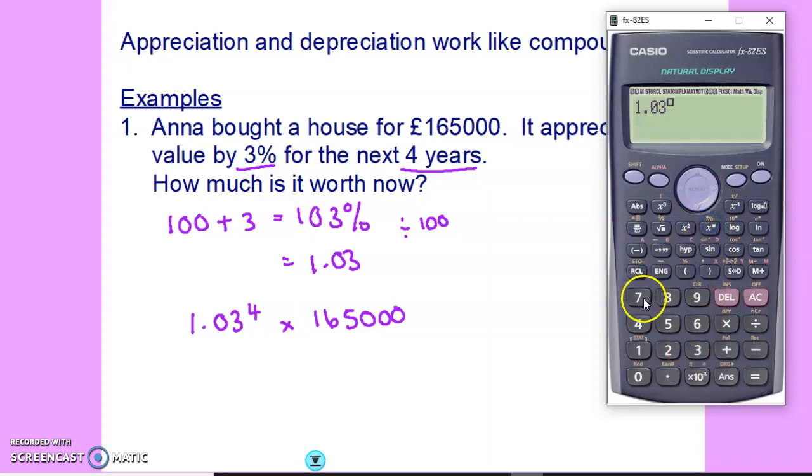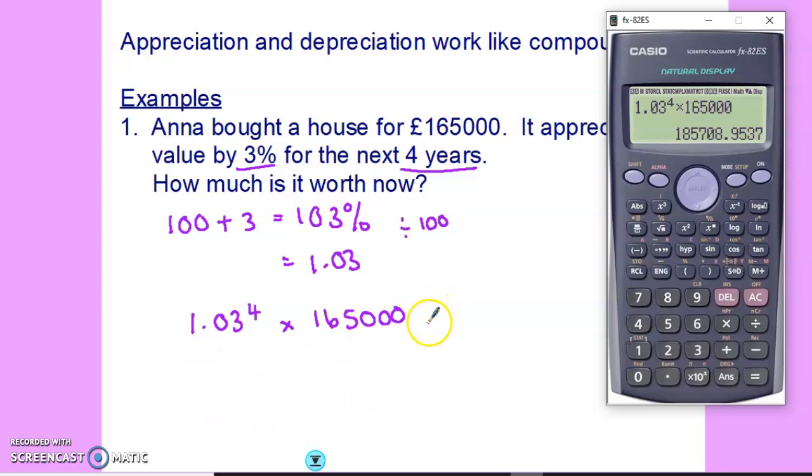What you can't do, which is a common mistake with compound interest and appreciation, is do 3% times it by 4, because you are finding a percentage of a different amount each time. When you find the percentage and add it on, it changes the amount that you then find the percentage of, if that makes sense, right?